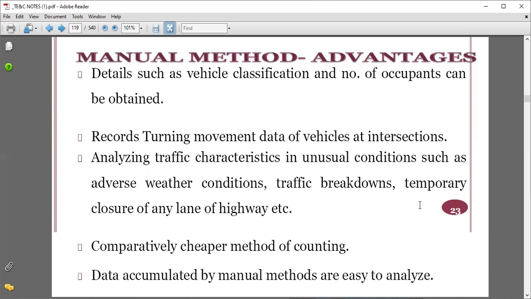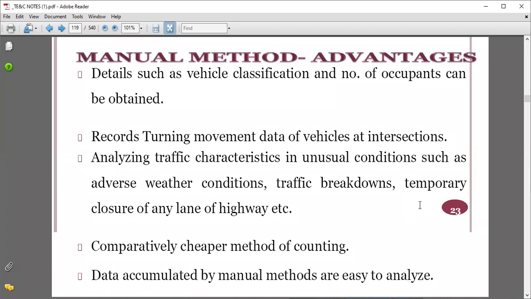If we go on site, we'll understand the conditions of the roads, traffic breakdowns, temporary closure of any lane of the highway. So we'll understand all the things from the road by the manual counting method.